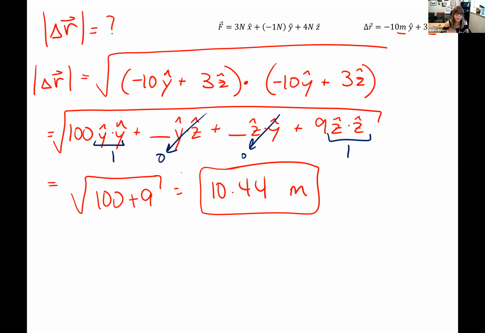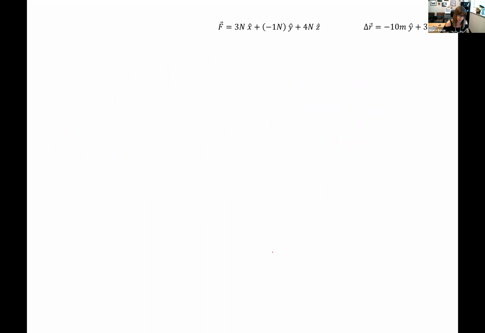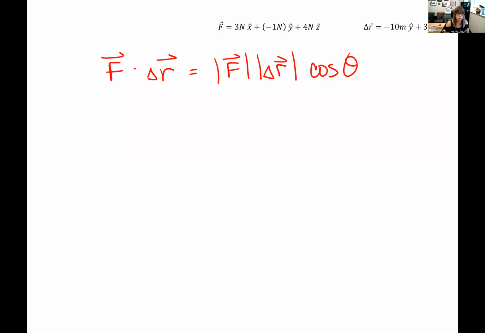I got my norms. Now for this last step, in order to calculate that angle, remember that the definition of the dot product says that the dot product between two vectors is the norm of the first vector times the norm of the second vector times the cosine of the angle between them. So let's solve this algebraically for the angle between them. I'm going to divide both sides by the norms.